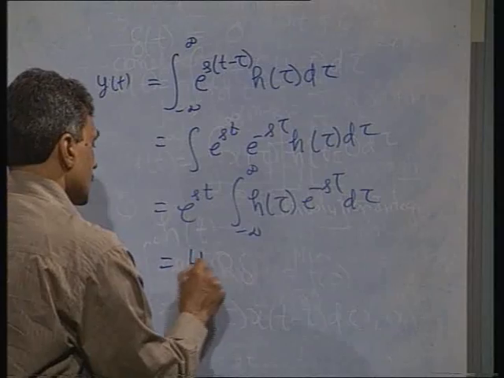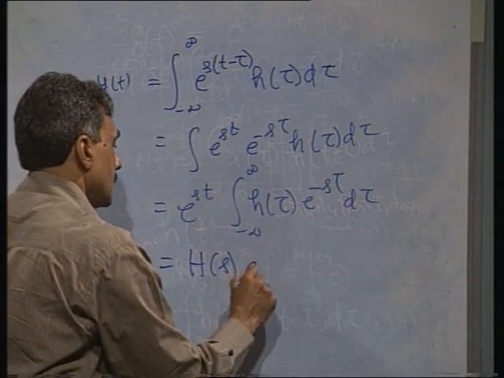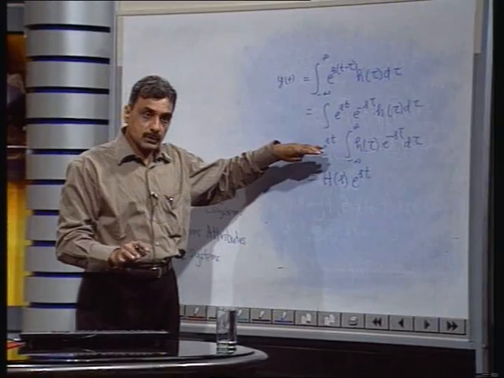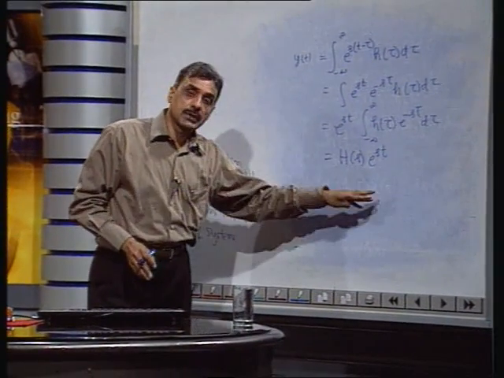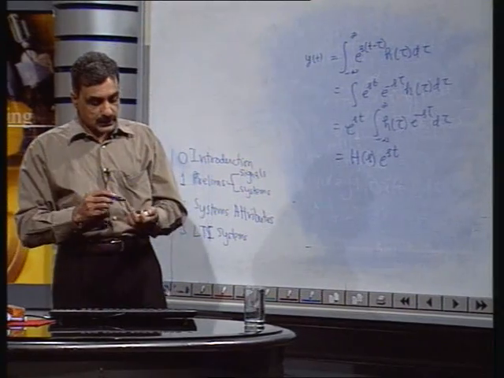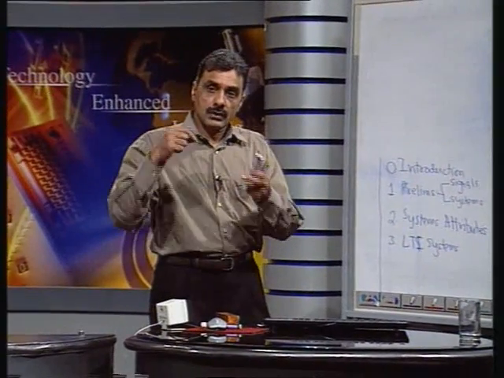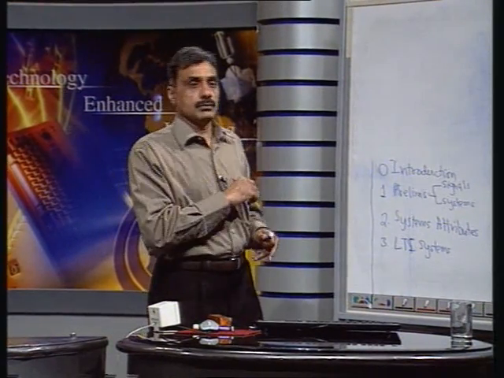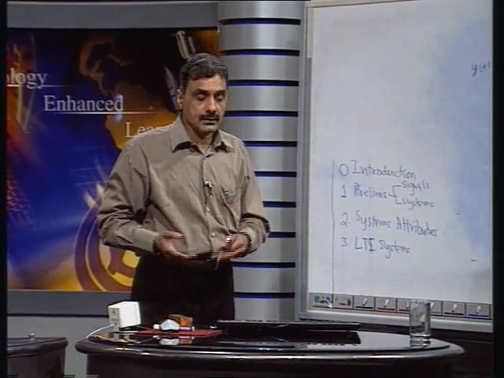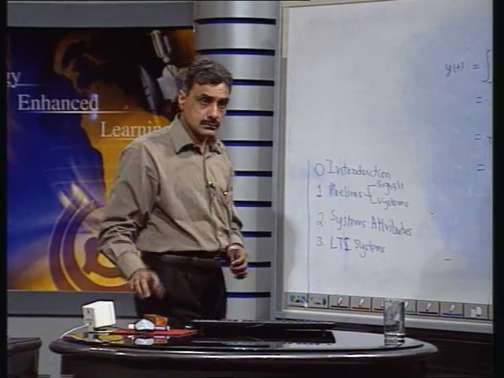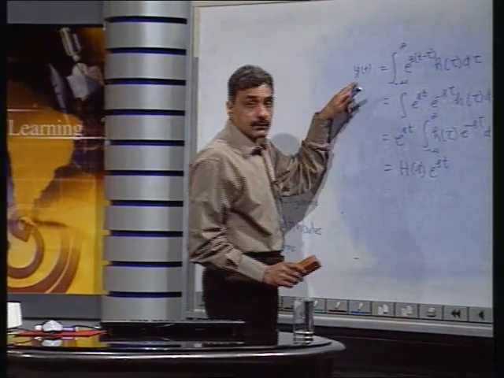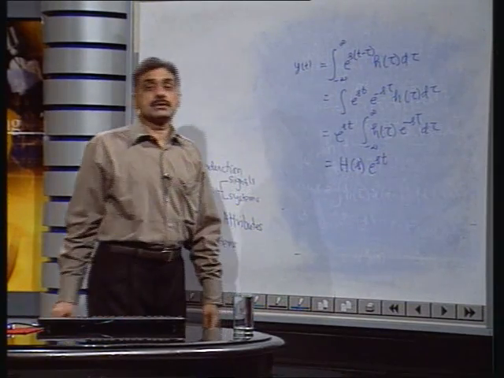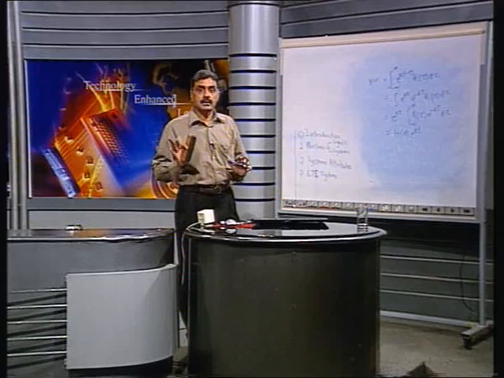So this actually is nothing but h of s times e raised to power st. So the response of an LTI system to an exponential input is an exponential, and by expressing a signal in terms of only exponentials, we can find the response of an LTI system to an arbitrary input, and that gives rise to the frequency domain characterization of an LTI system. So exponentials are actually eigenfunctions for the entire class of LTI systems.